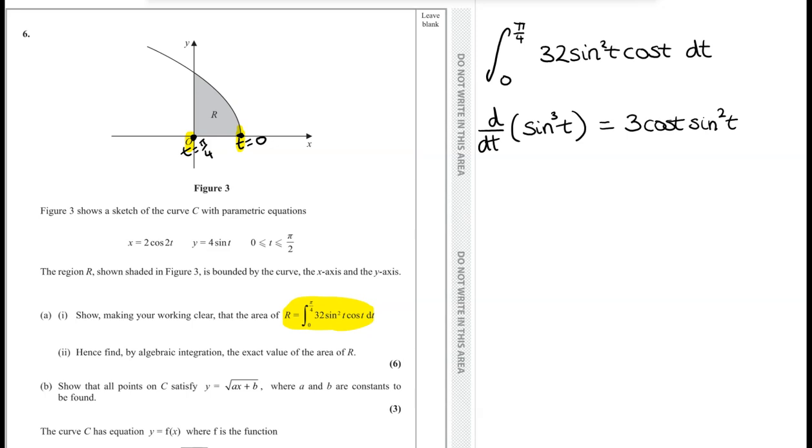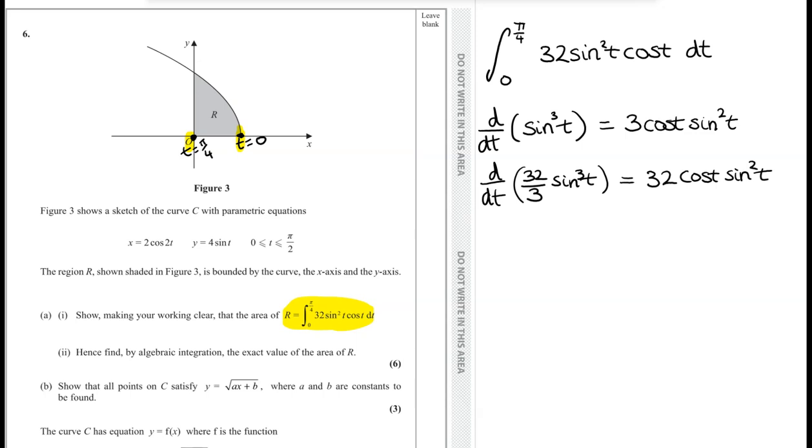That's almost what I want to have there. So actually, if I were to differentiate 32 over 3 sine cubed t, then I would get 32 cos t sine squared t as required.